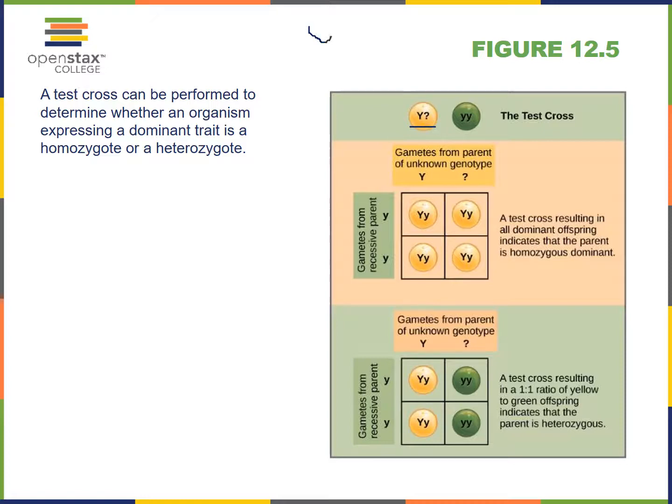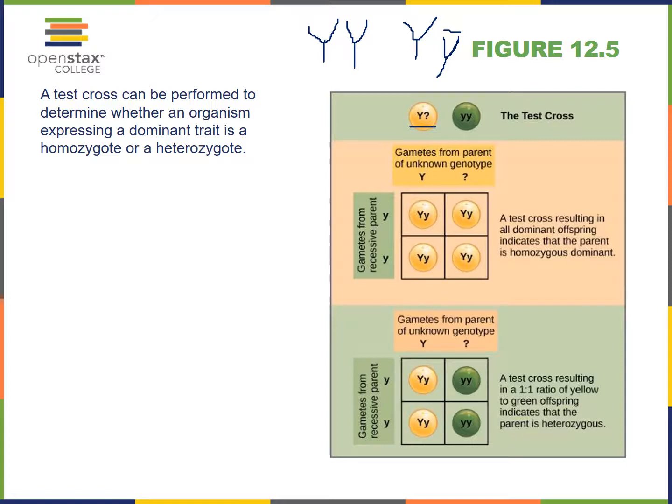So because of dominance and recessive, this genotype will give you yellow seeded plants, but also this genotype would give you yellow seeded plants.